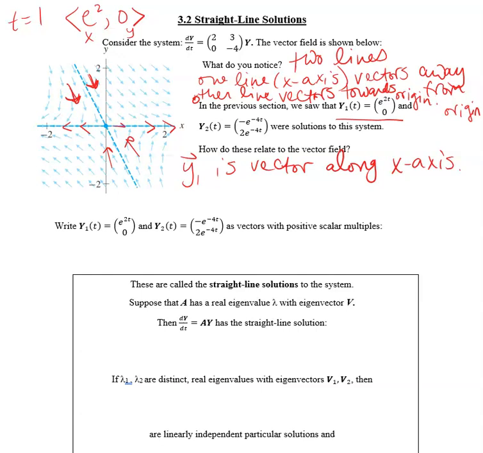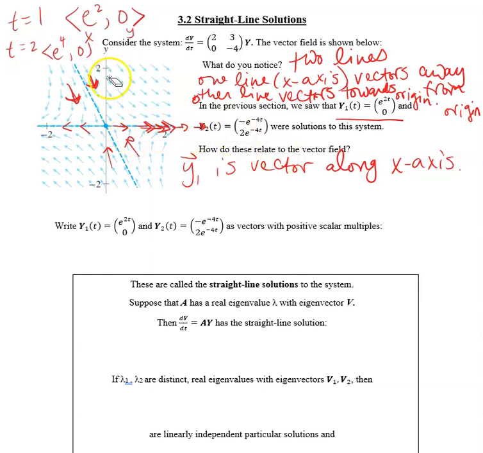That means I am on the x-axis moving in the positive direction e squared units, and y is 0. And that's what we're seeing here. Suppose t equals 2, we would have e to the fourth, 0. Notice the vectors get longer the further away we go and the larger t gets. So that first solution represents the vectors along the x-axis.